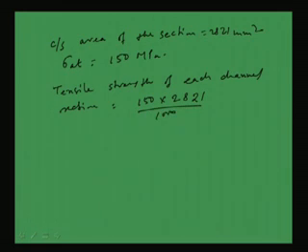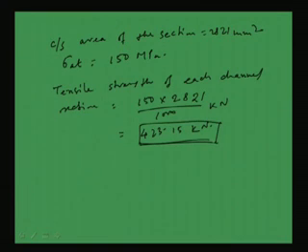If we divide by 1000, it will be in kilonewton, which comes to 423.15 kilonewton. This load can be carried by the section. Now we have to design the weld in such a way that this much load can also be carried by the welding joint. For designing the weld, let us first assume some size of the weld. To assume the size of the weld, first we have to know what is the maximum size available in this case.